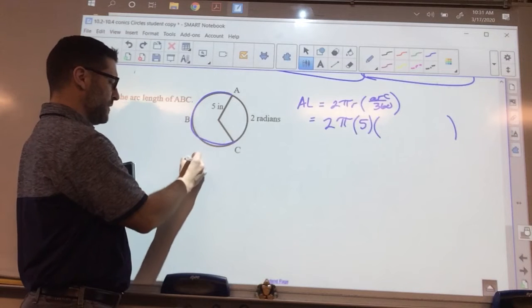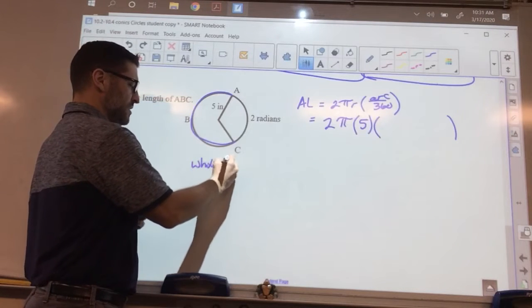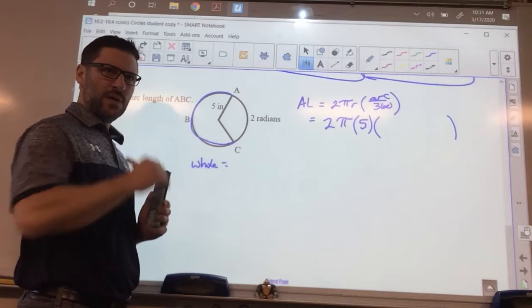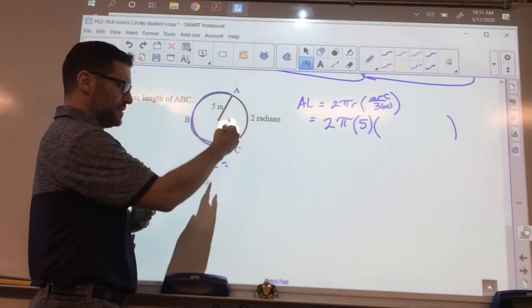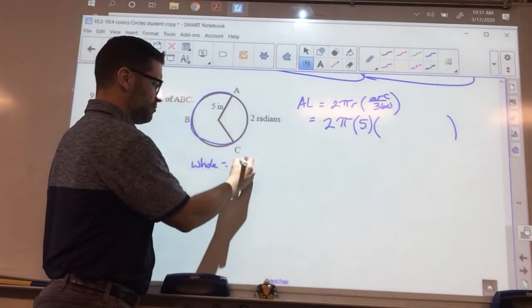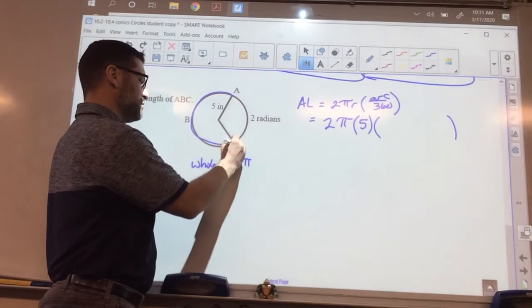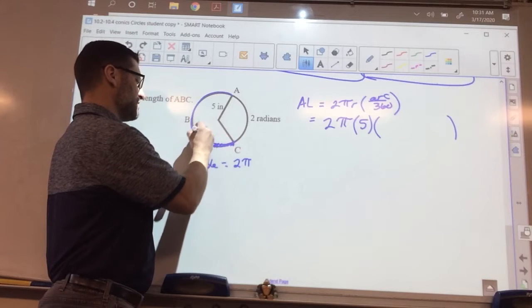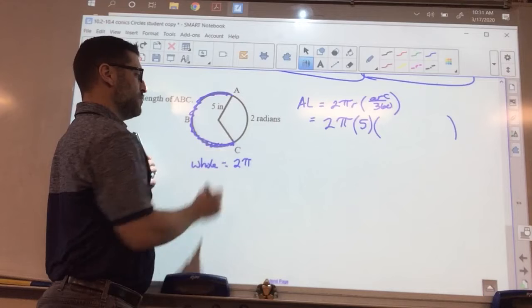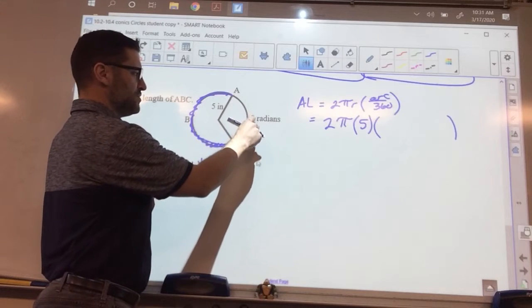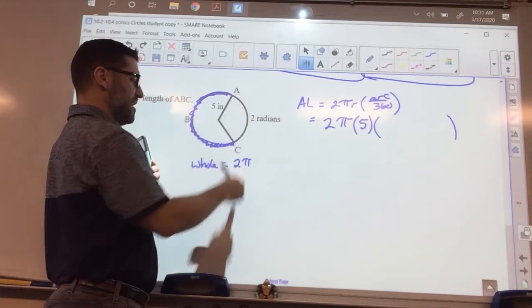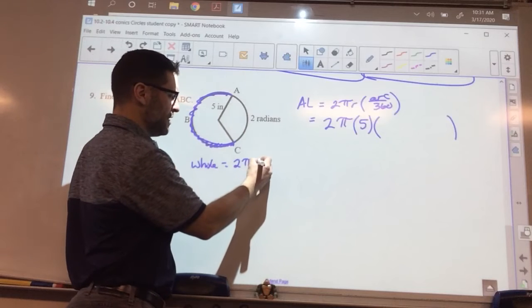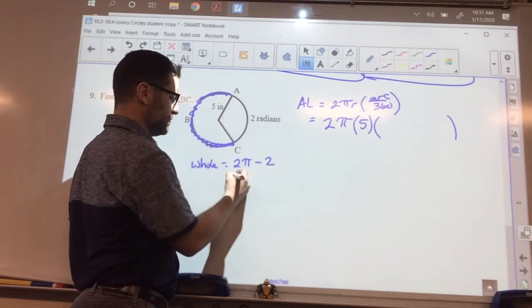Well, a whole circle in terms of radians, 1 full revolution is 2 pi radians, which would mean this little chunk right here would be 2 radians subtracted off of the whole revolution, so minus 2.